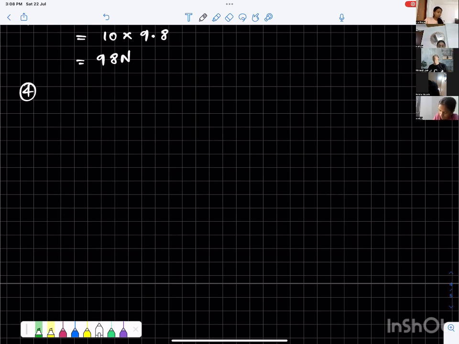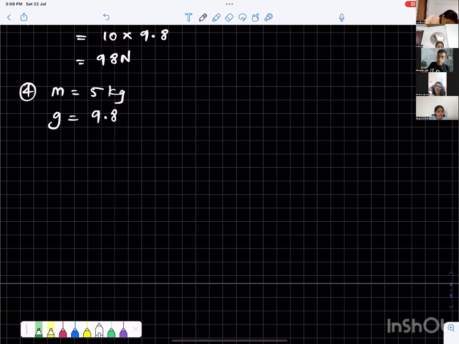Angel, read the problem. State the magnitude and direction of the force of gravity acting on a body of mass 5 kg. Take gravity as 9.8 meter per second square. Okay, what is the formula for W? mg.